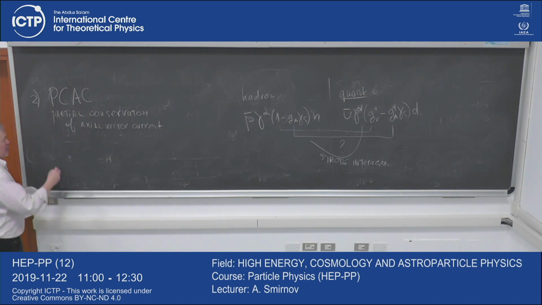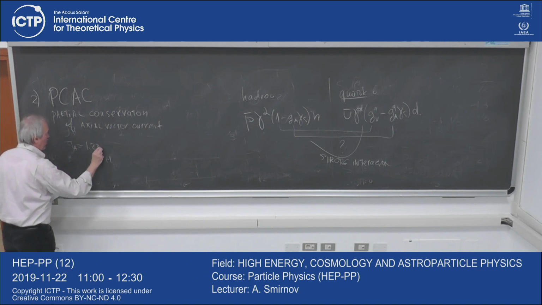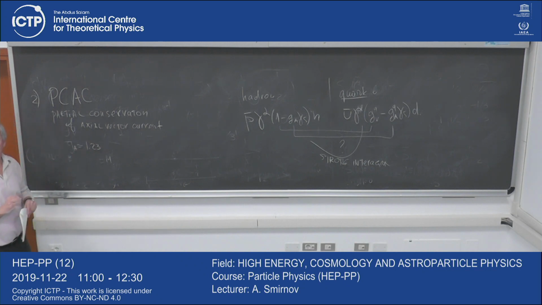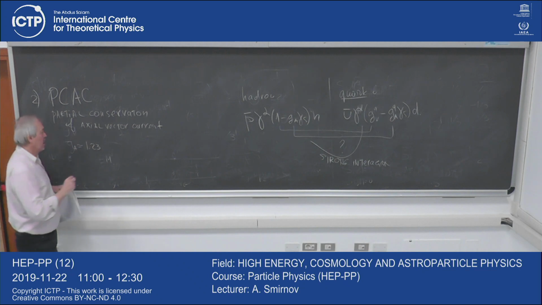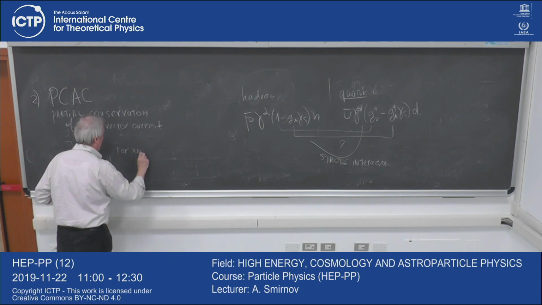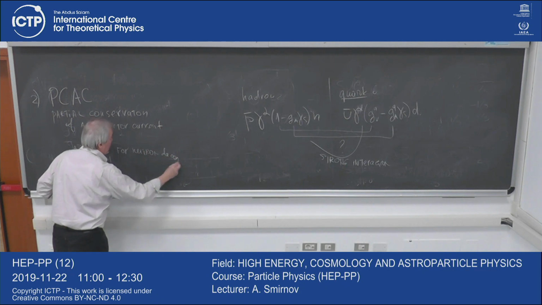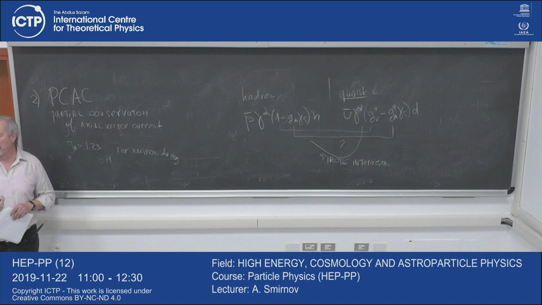So remember that the GA was approximately 1.23 for neutron, for free neutron decay. This is what was in beta decay. So it deviates from 1. Not only that, this coupling actually differs for different hadron systems and for different nuclei.